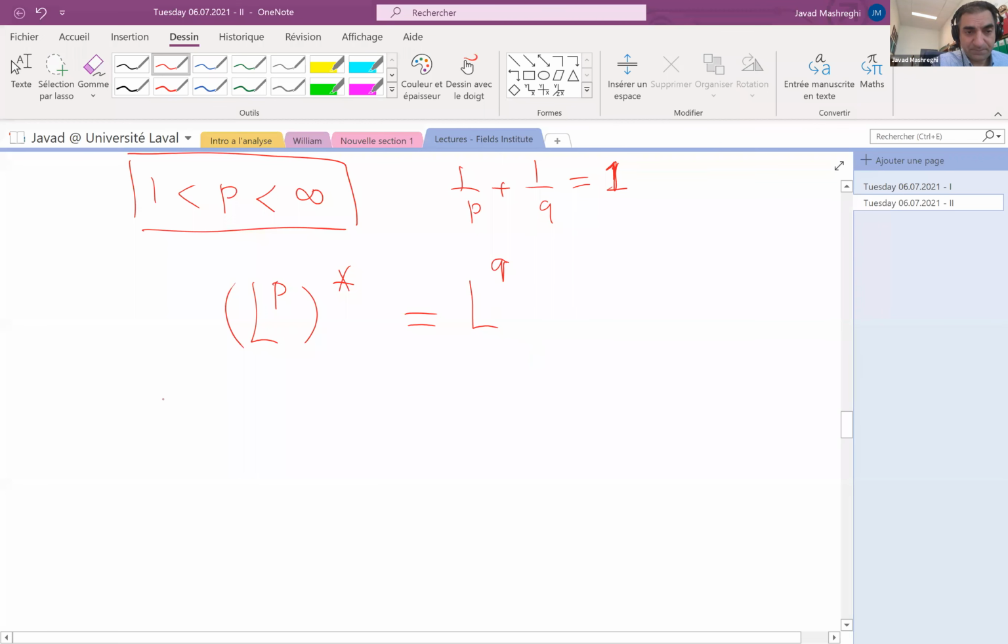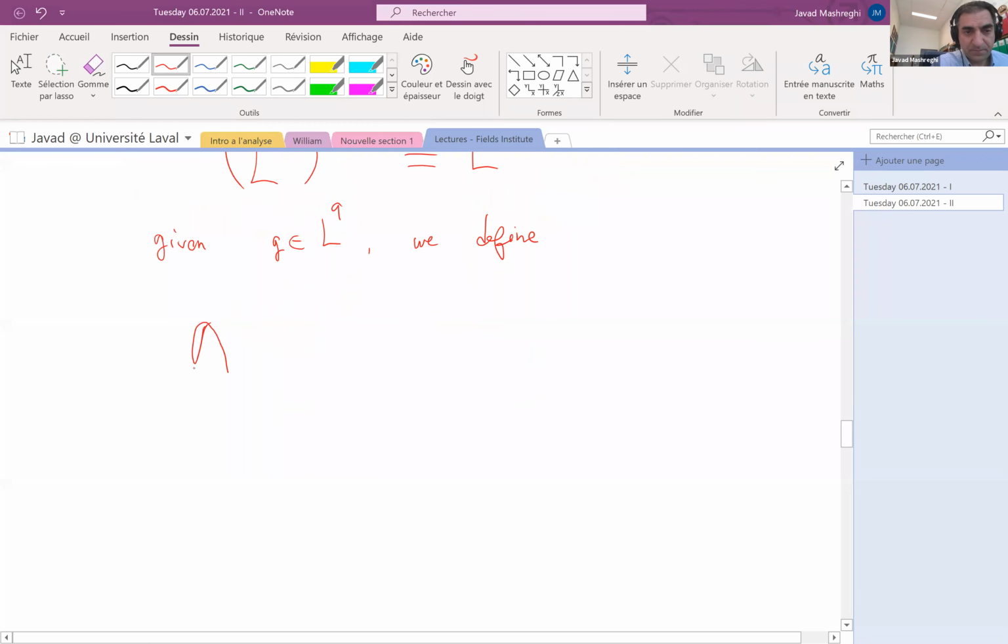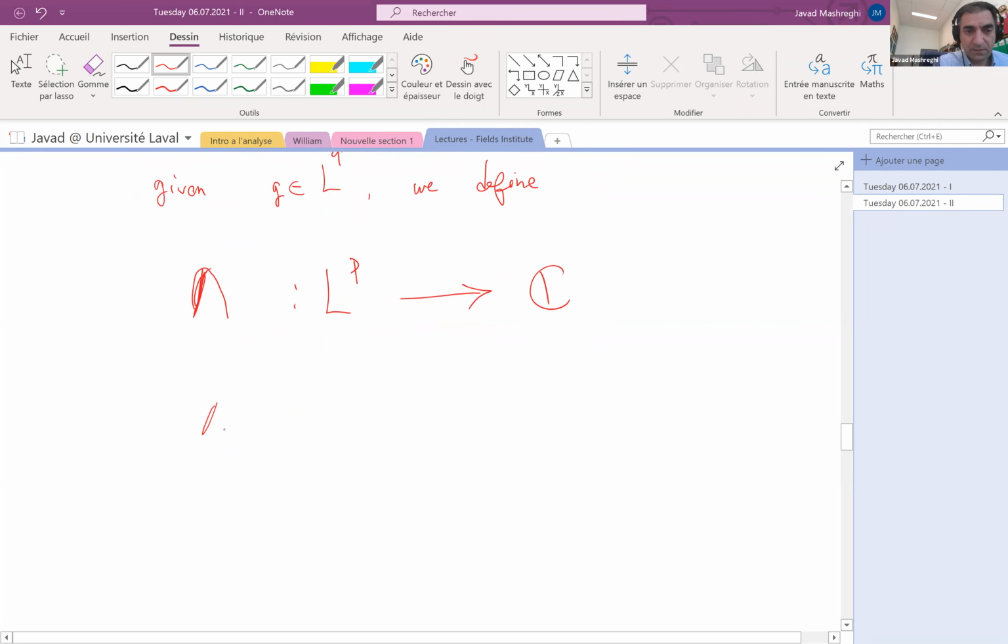Again, to go into further detail, because this is really important for us, given g in L^q, we define lambda from L^p to C by the following formula. Lambda of f is defined by the integral over T of f(zeta) g(zeta) dzeta.